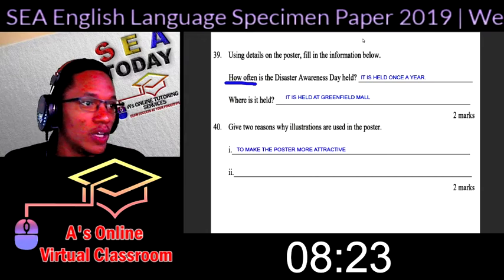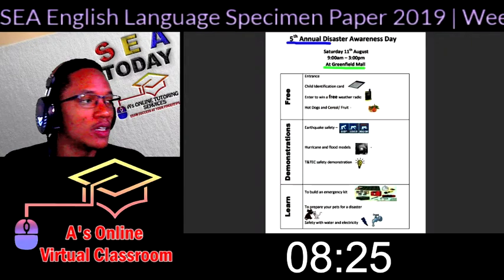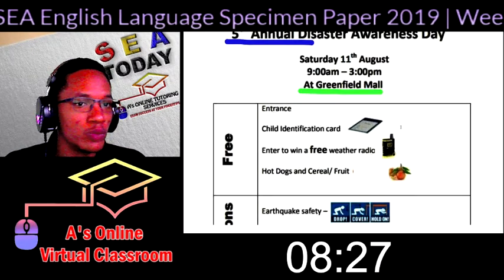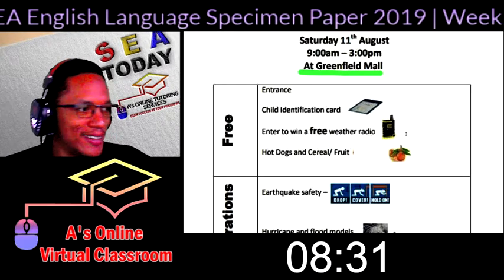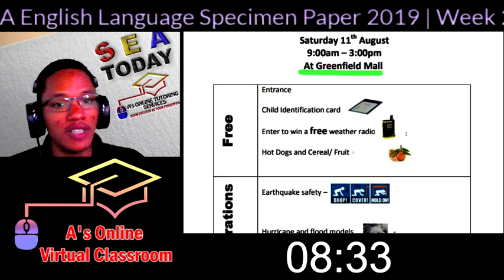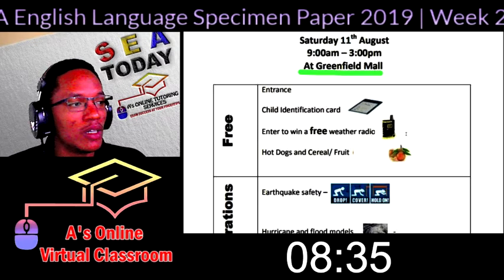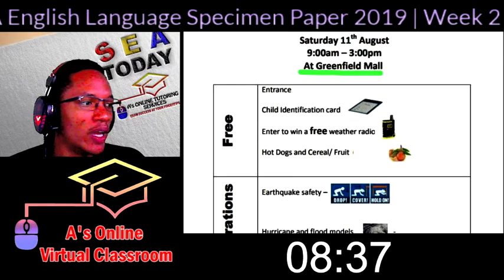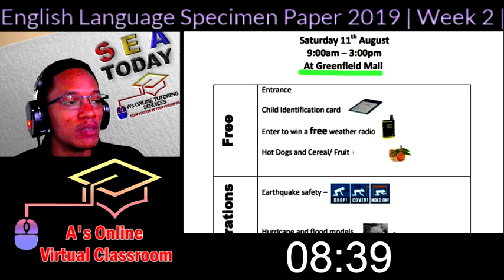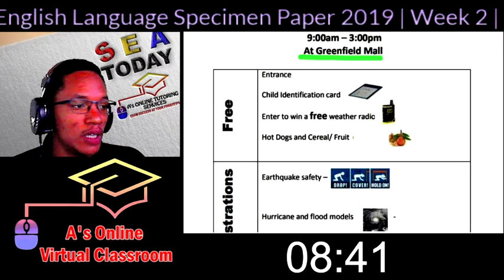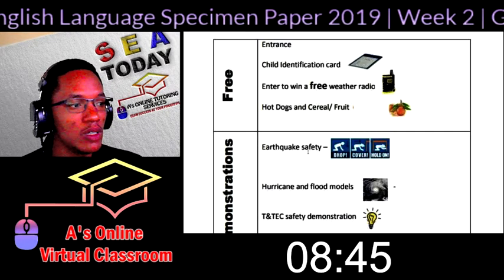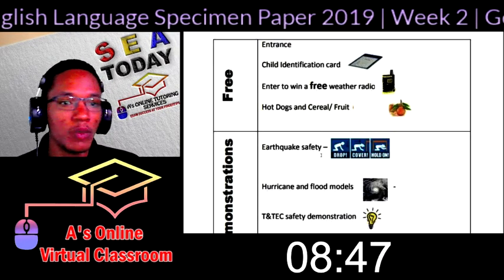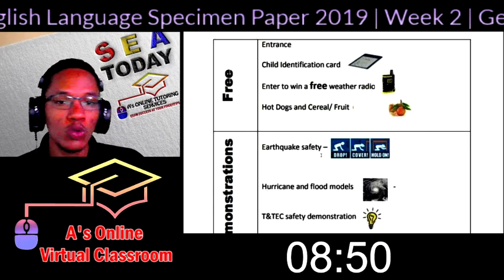Another thing that illustrations and images do is they help you get a better sense of exactly what is being advertised or displayed. So the pictures bring more life to it, yes, but it actually gives a little bit more information as to what will take place. For example, the earthquake safety, they already give you a sense of what it's about. Drop, cover, and hold on.